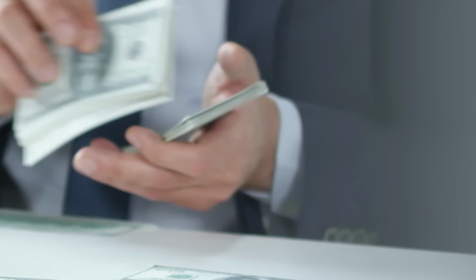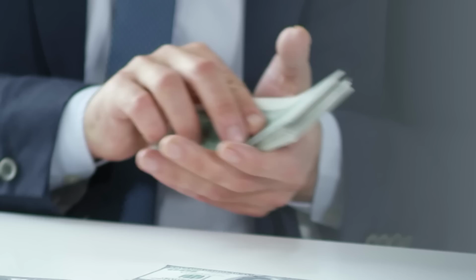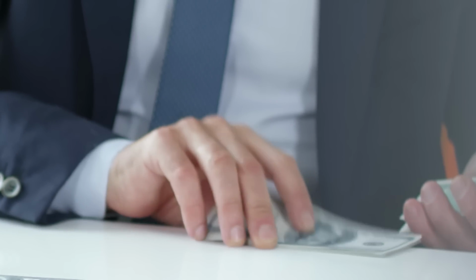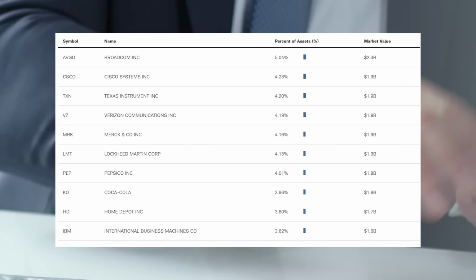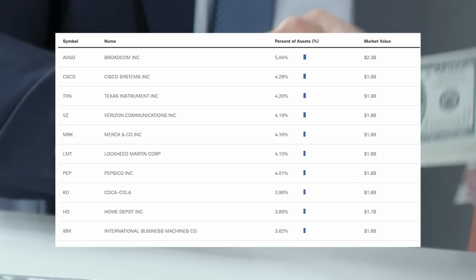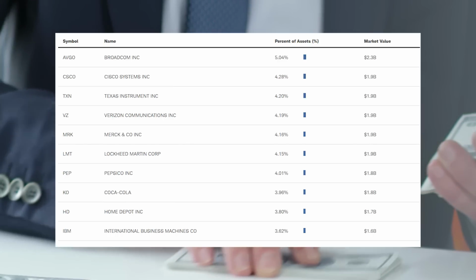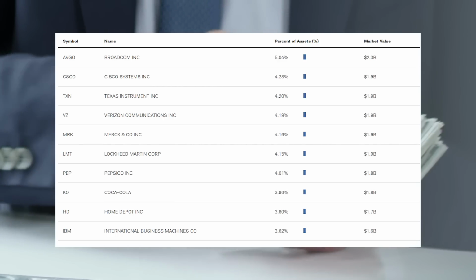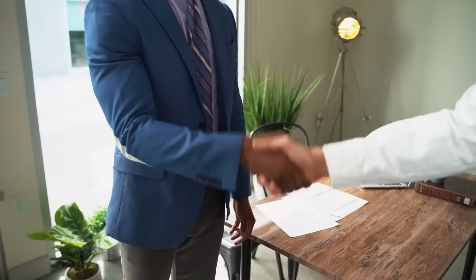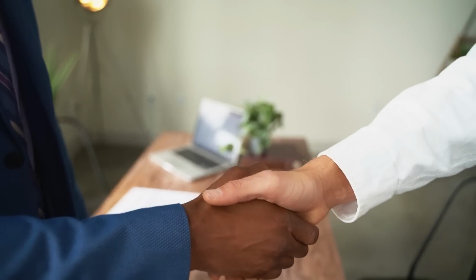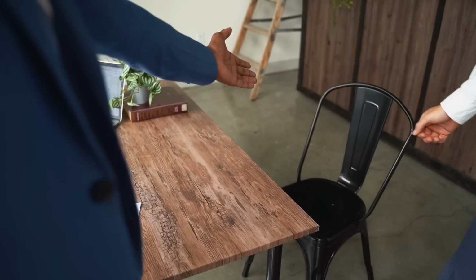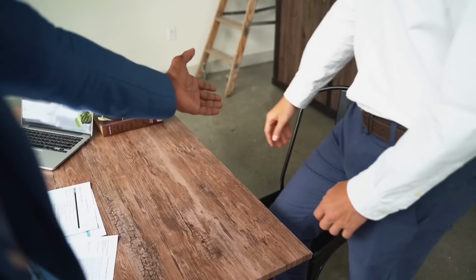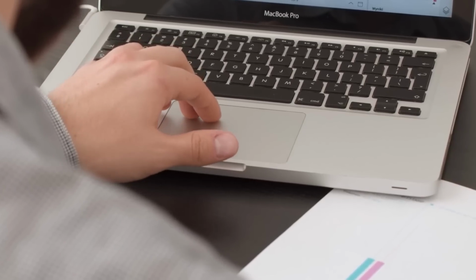Now, SCHD is an ETF that invests in US companies with a history of paying dividends. Some of their top holdings include things like Broadcom, Cisco, Texas Instruments, Verizon, Merck, Lockheed Martin, Pepsi, Coca-Cola, Home Depot, and International Business Machines. Now, what's cool about SCHD's entire portfolio, in my opinion, is that some of these stocks have much more of a dividend growth strategy, and some of the names have a higher starting yield but don't necessarily grow their dividend as fast.